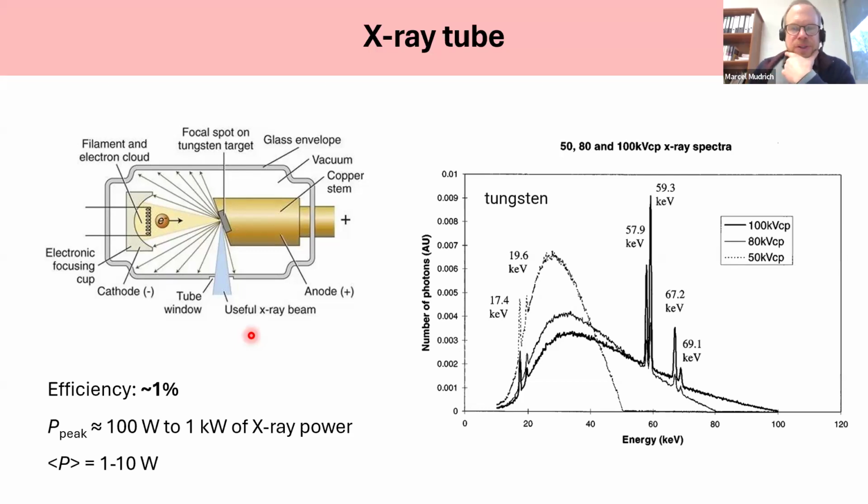And I'm sure you're all familiar with how an X-ray tube works. It starts out with thermionic emission of electrons out of a heated filament, where the electrons are then accelerated by a high potential difference between the cathode and an anode material, which is typically tungsten or some refractory material.